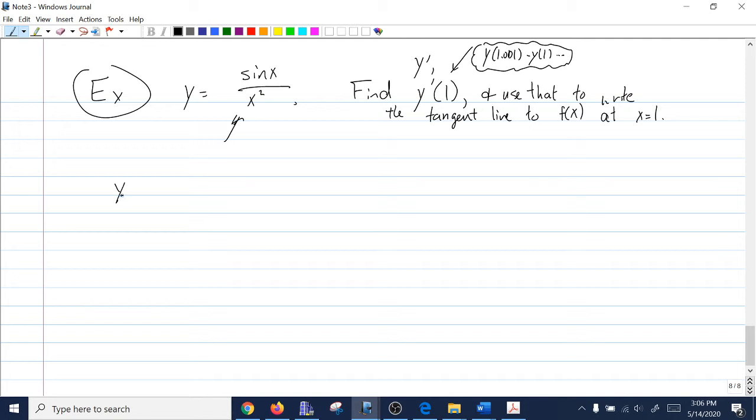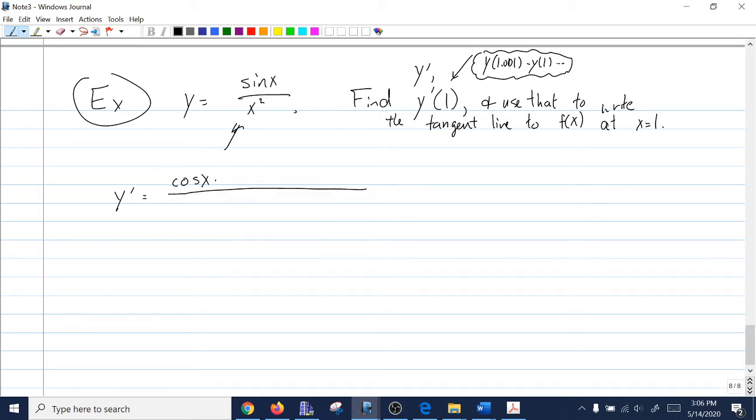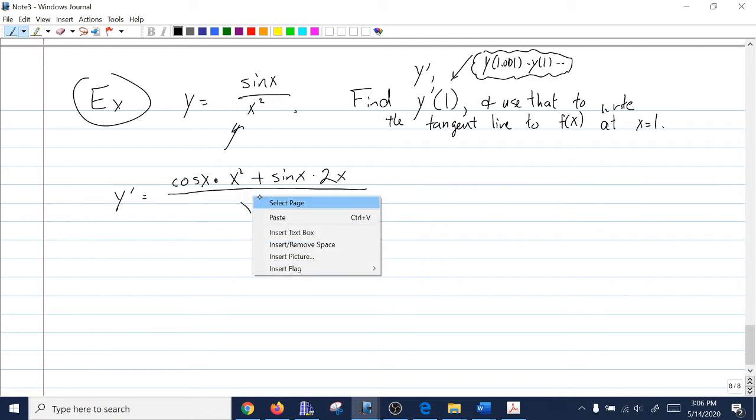Let's find y prime. Y prime is derivative of the top, cosine x, times, leave the bottom alone, x squared, plus, leave the top alone, sine x, times derivative of the bottom, 2x, all over bottom squared, x squared squared.